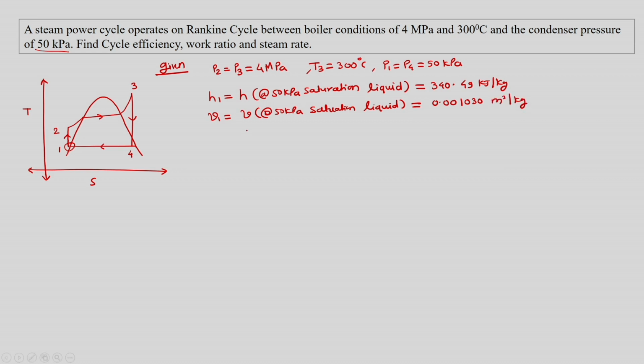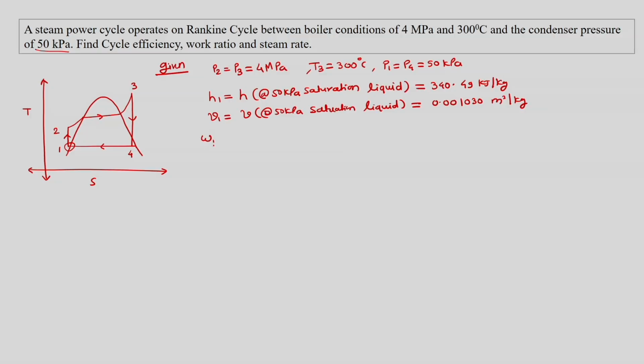We would also need entropy since process 1 to 2 is isentropic, but we don't need entropy since we can find out state 2 using the assumption of flow to be incompressible, and then we can find out the work input. So for that we can find out WP, which is pump work, and we are going to use the formula V1 into P2 minus P1.